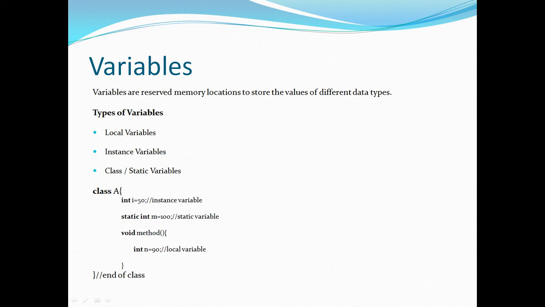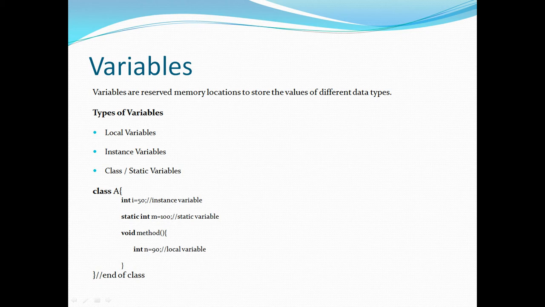It is a user defined value. Okay, so int is a data type. We'll see what is this and what it stores. So if I write int I, you have to read it as: I is a variable of type integer, and at this moment it is storing a value 50.